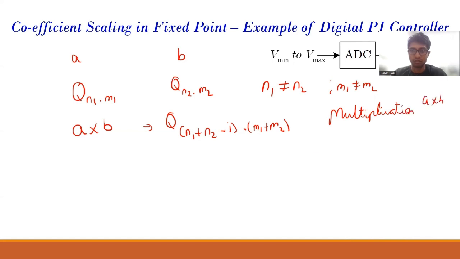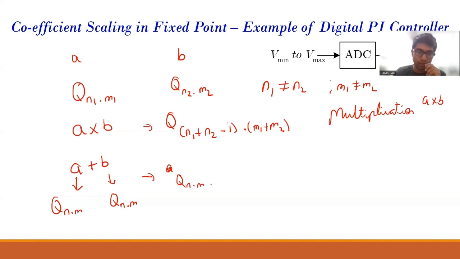But if I want to add A plus B, then I need to make A of the form Qn.m, B also of the form Qn.m, and then the resultant A plus B will be of the form Qn.m. Now what is my n?